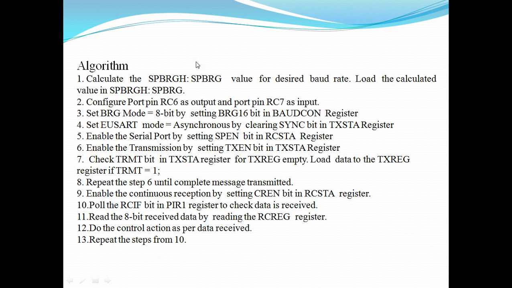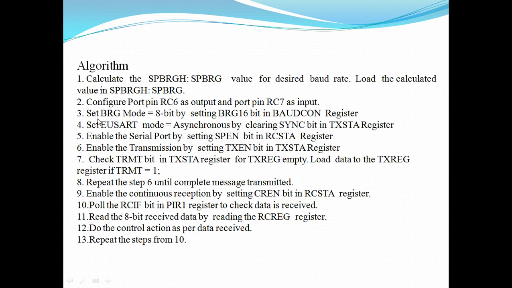The calculation of these values we will see while studying the practical. Next we need to configure the RC6 pin as an output pin, which is the TXD pin, and RC7 as an input pin, which is the RXD pin of the PIC microcontroller.